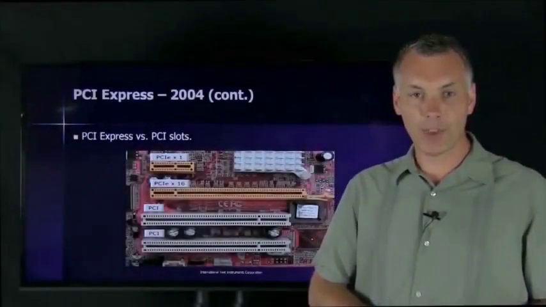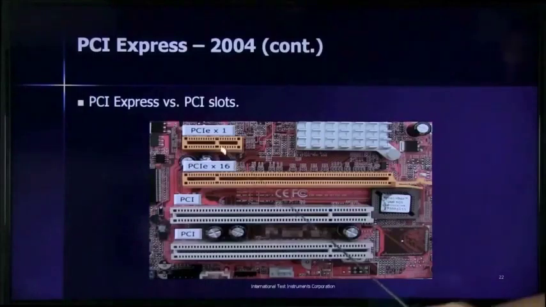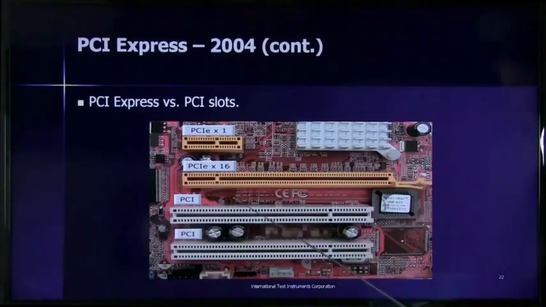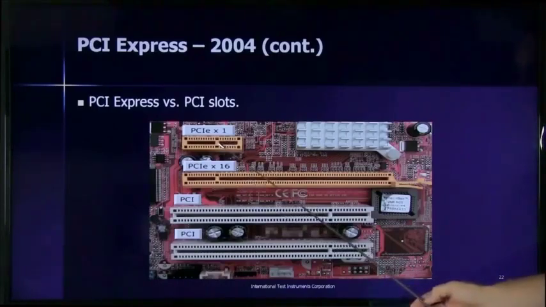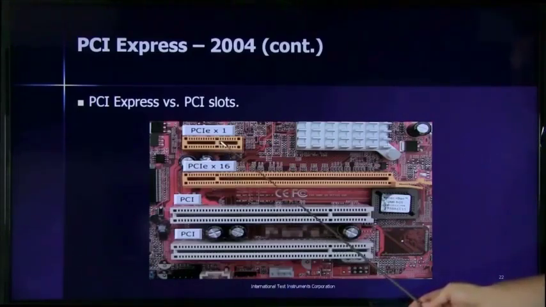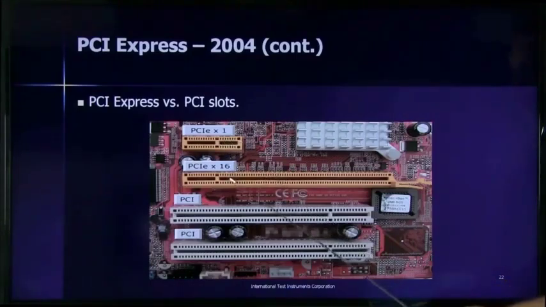This slide behind me shows how PCI Express slots look in comparison with the older PCI slots. You can see that the slots are very similar. The difference is that the PCI Express slots have a different size depending on the number of data lanes they use.